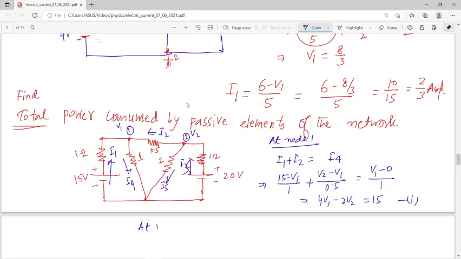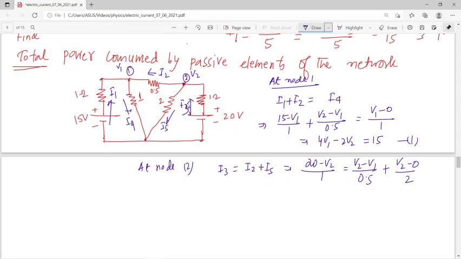Now if we consider node 2, I3 is entering, and I2 and I5 are leaving. So I3 can be written as I2 plus I5. I3 is nothing but 20 minus V2 by 1, which equals V2 minus V1 by 0.5 plus V2 minus 0 by 2.